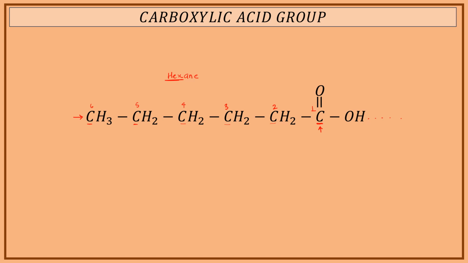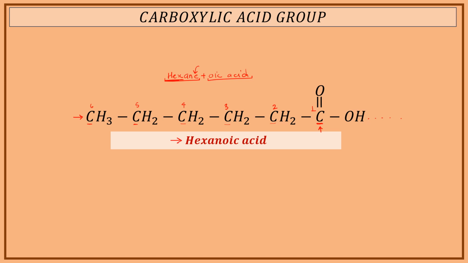Now we will add the suffix for carboxylic acid, which is oic acid. Okay, and while we add both parts of the IUPAC naming of this molecule, we omit this E from the middle, and hence the name of this molecule becomes hexanoic acid, where hex represents the number of carbon atoms, ane represents the type of bonding between each carbon atom, and the suffix oic acid represents the carboxylic acid in this molecule.